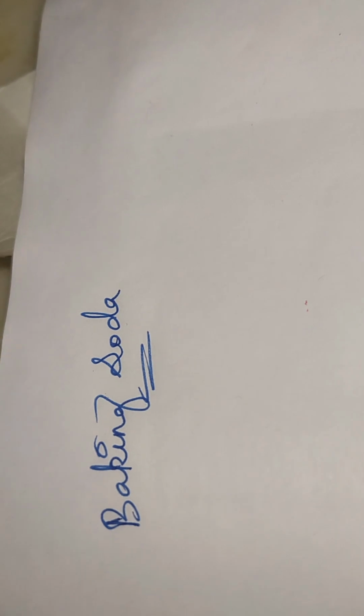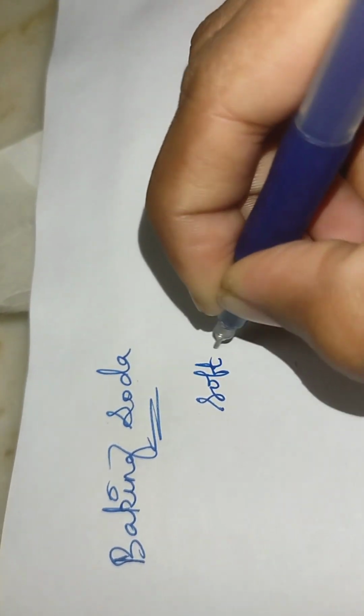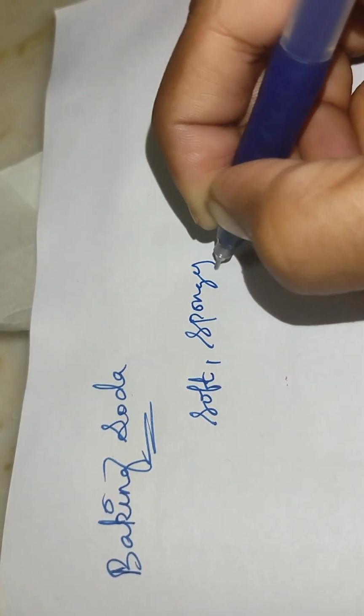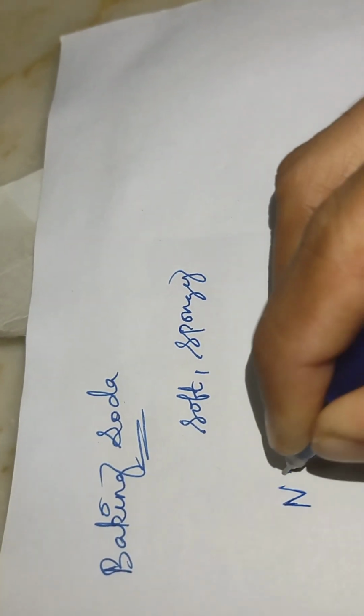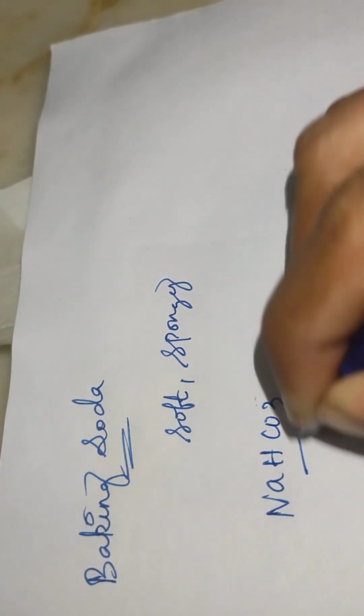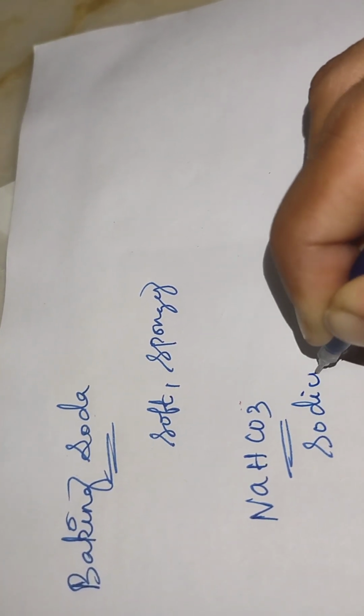Now we are going to see about baking soda. Baking soda is used in the kitchen basically to make food soft and spongy. What is the chemical formula for baking soda? NaHCO3, sodium bicarbonate.